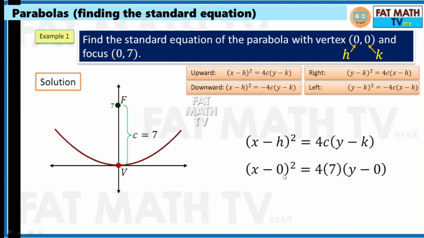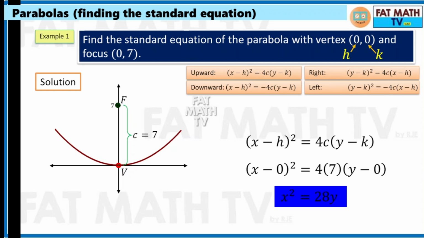And then x minus 0 can be written simply as x, so this is going to be x squared equals 28 times y, so that is x squared equals 28y. That is the standard equation of the parabola with vertex (0, 0) and focus (0, 7).